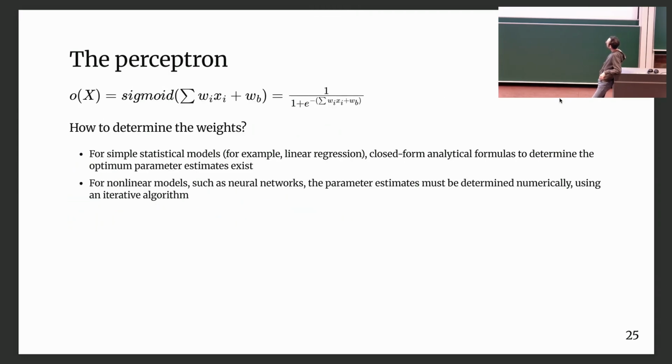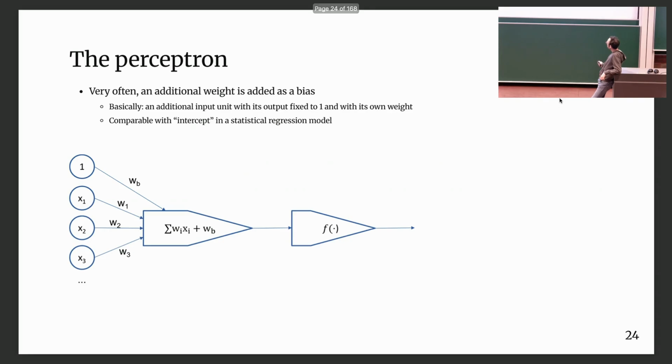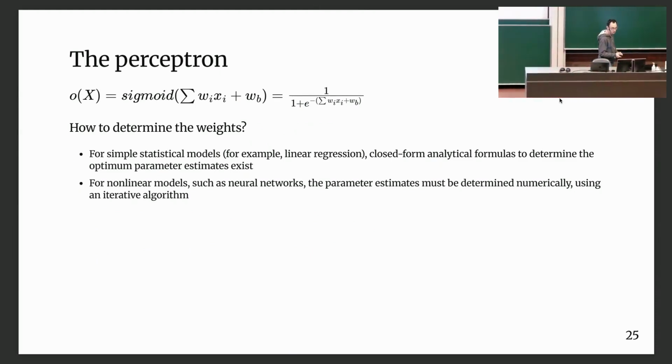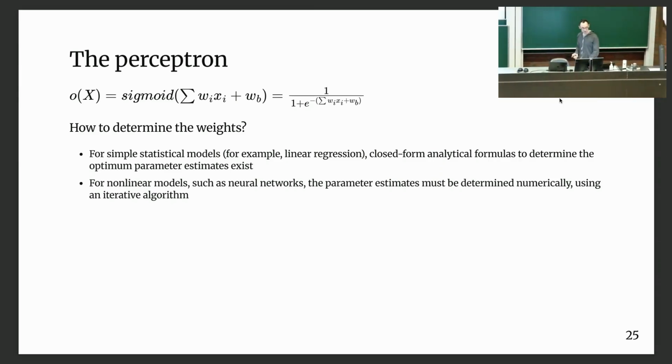Now, if I make this F a sigmoid, then we end up with something that is very recognizable, right? Because then you get as an output something which is between 0 and 1. What is this? This is logistic regression, basically. And if I then ask the question, okay, how do we estimate the weights?